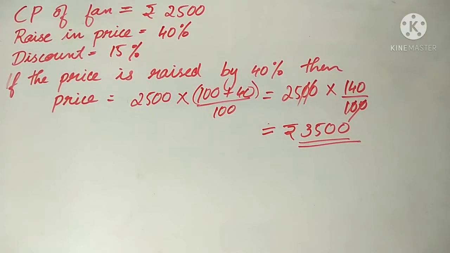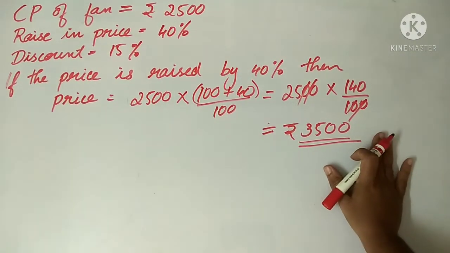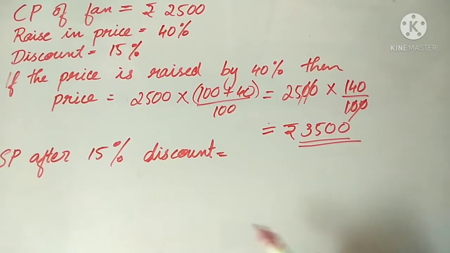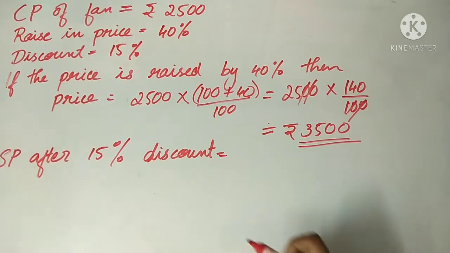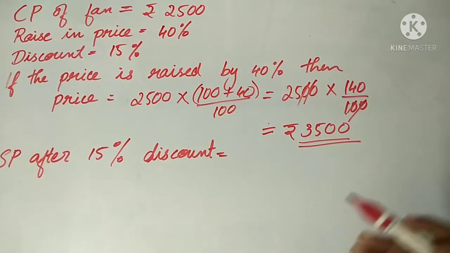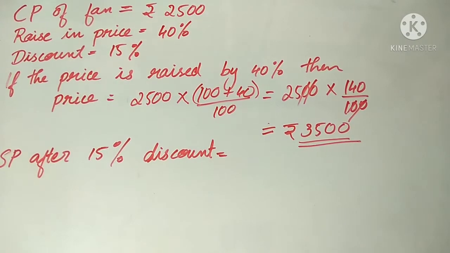Then he gives 15% offer for this. So we have to find what will be the price of the fan after 15% discount. So we write SP, selling price after 15% discount is equal to 15% discount. So he has to pay 100 minus 15, that is 85%.